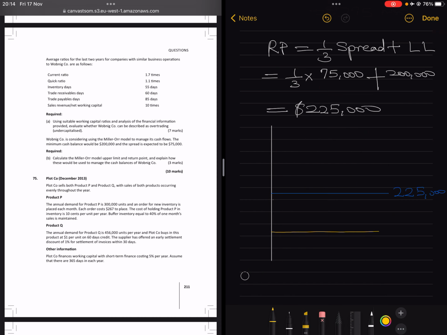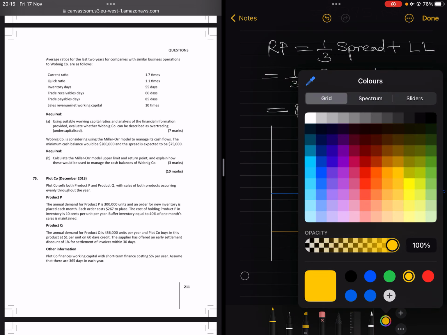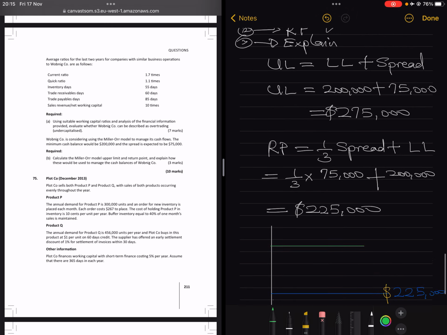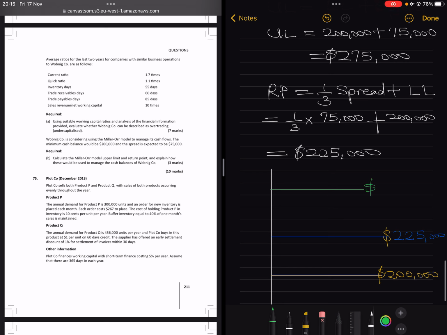Minimum level was given in the question at 200,000. And the maximum level we calculated is 275.